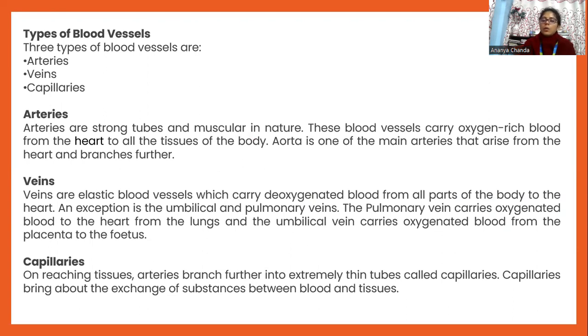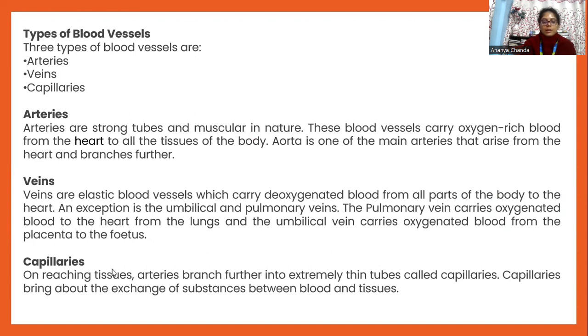It goes to the lungs, where the carbon dioxide is exhaled out into the environment and oxygen is added to the blood, and it returns to the heart via the pulmonary veins.